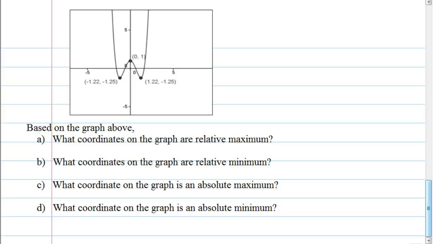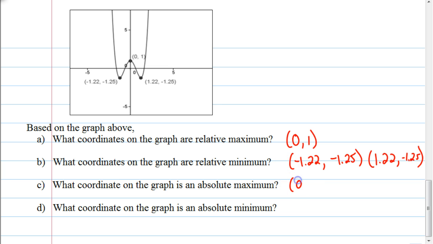Okay, so the first one, what coordinates on the graph are relative maximum? We only have one, coordinate 0, 1. What coordinates on the graph are relative minimum? Well, we have two of them there, at -1.22, -1.25, and the other coordinate is 1.22, -1.25. What coordinate on the graph is an absolute maximum?